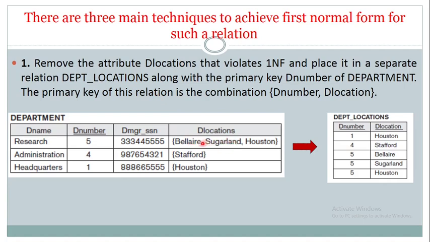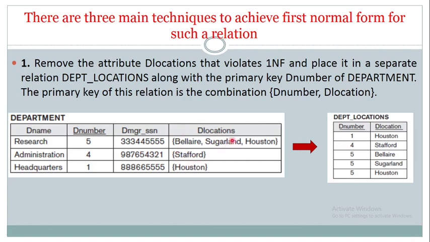The department location consists of three locations in a single domain, so we need to remove the attribute department location that violates first normal form and place it in a separate relation called department locations along with the primary key of department. This is one method.